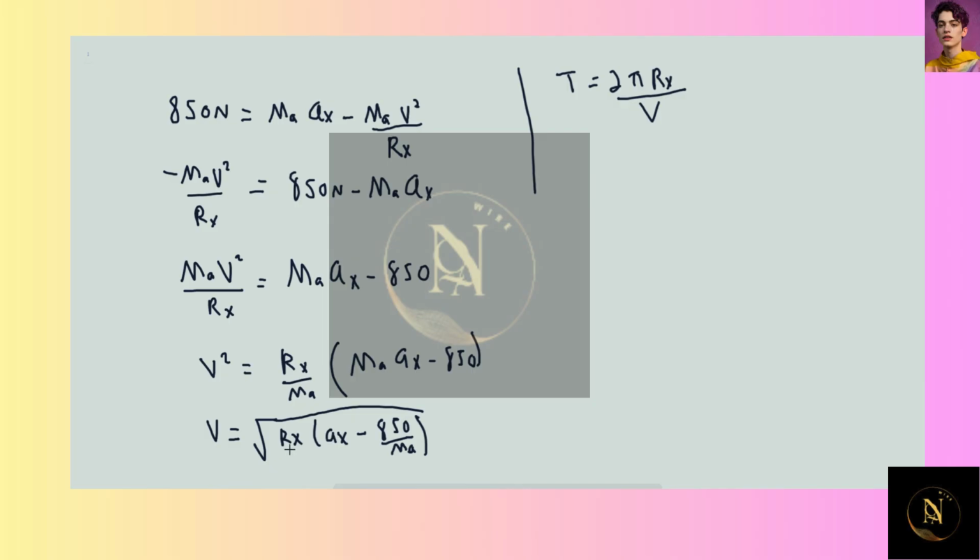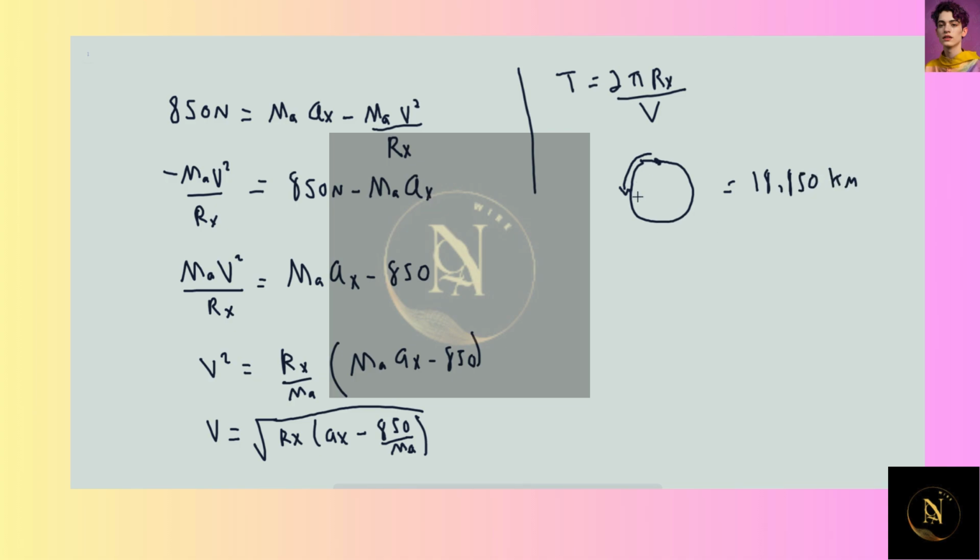So r_x, we need to know the radius of the planet. They don't directly give us that, but they tell us that on this planet, if we go from a pole over to the equator, this distance is 18,850 kilometers.